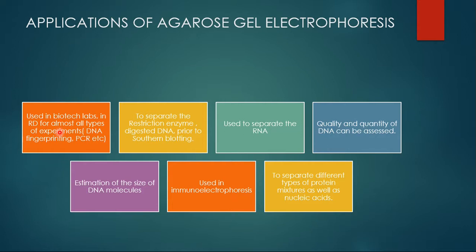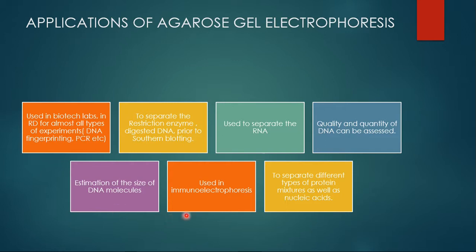So for Southern blotting, we require these enzymes, and the digestion is checked by using agarose gel electrophoresis. And this is also used to separate RNAs, isn't it? And then the quality and quantity of DNA can be assessed by this agarose gel electrophoresis, and we can estimate the size of DNA molecules by using this.